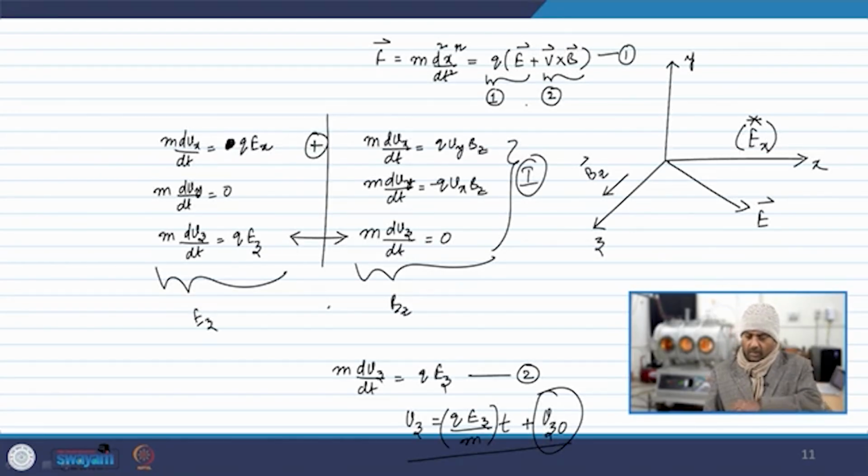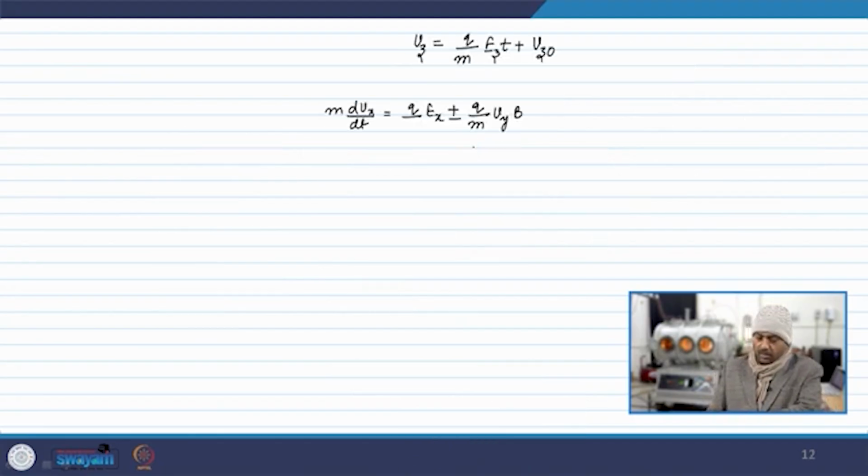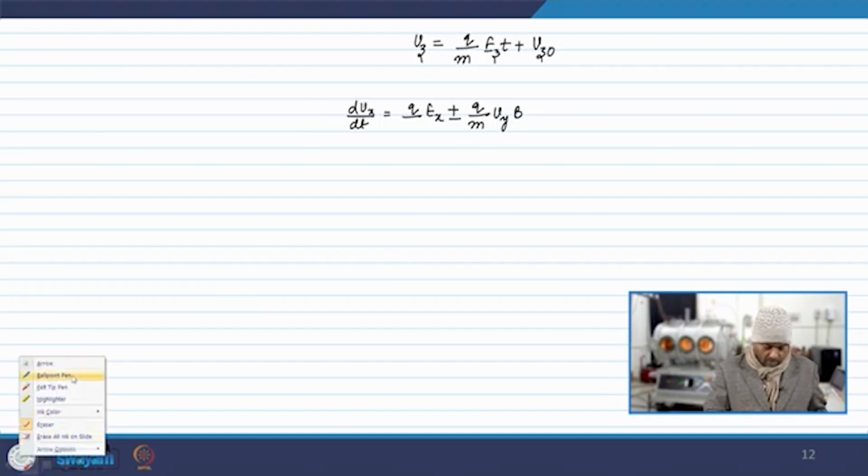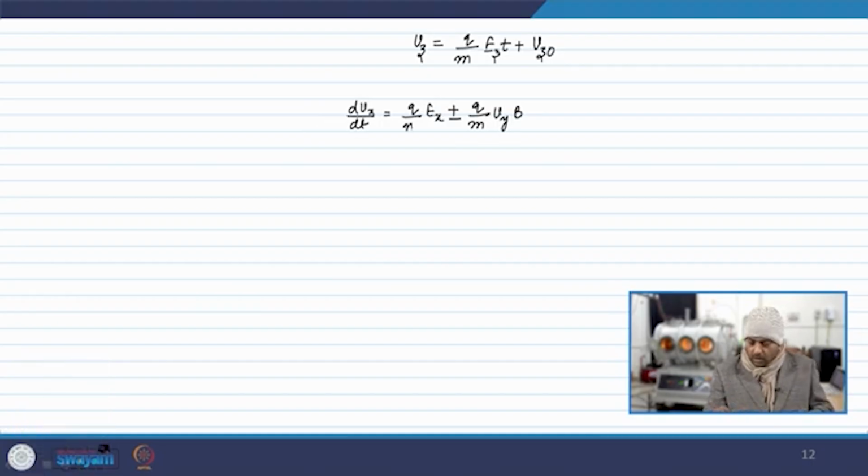That is what we have here. Now, if I have written q by m for the magnetic field part, I should remove it here and write it like this.